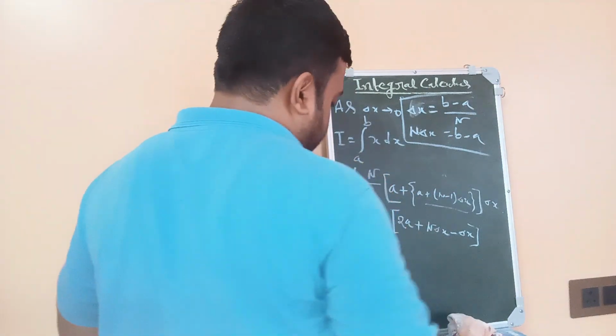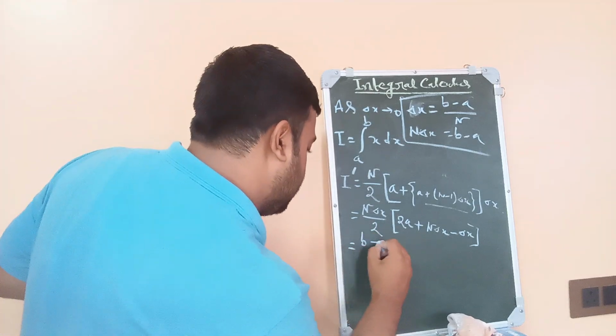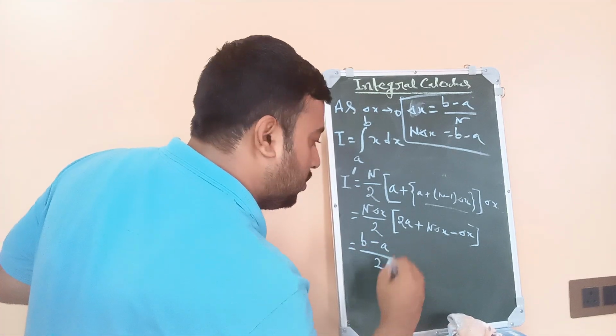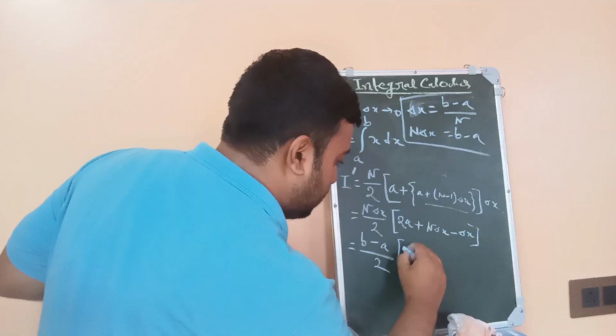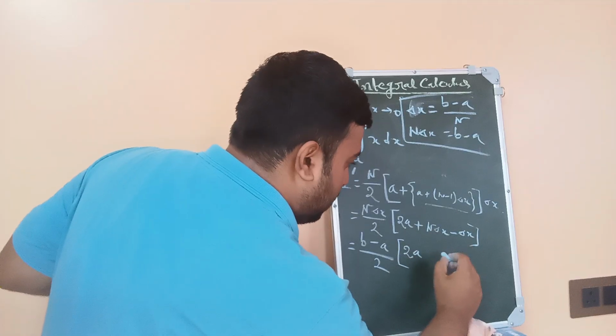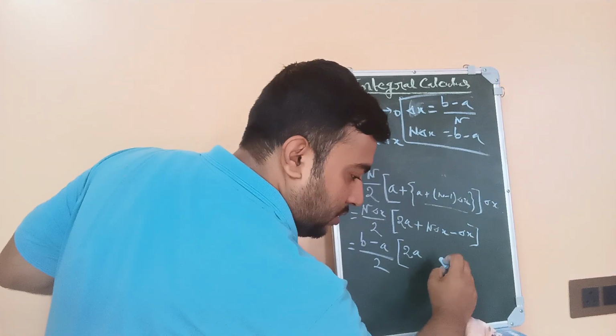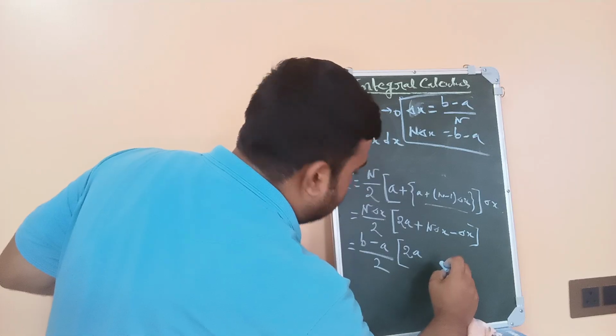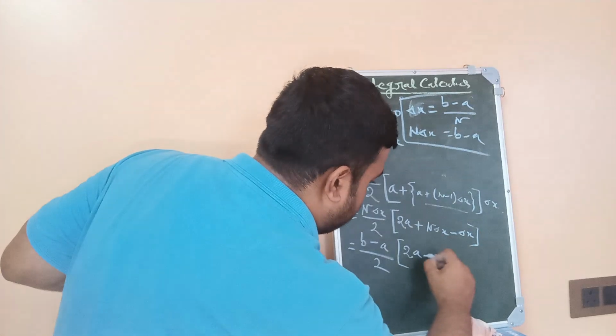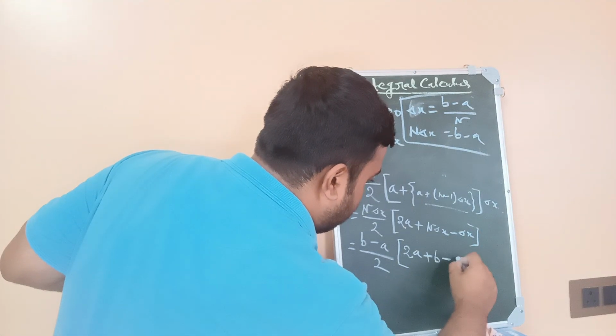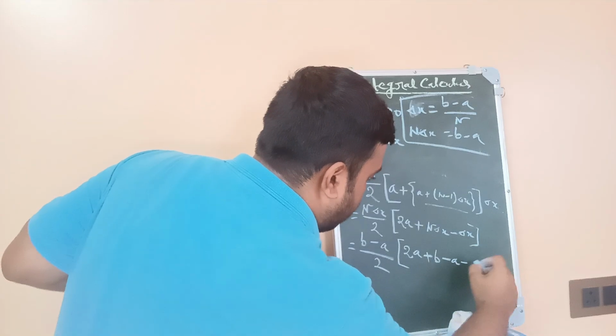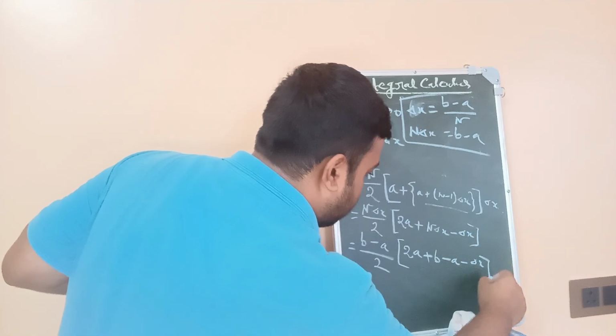So n into delta x we can write as b - a by 2, and this is 2a, and n into delta x like b - a, minus delta x.